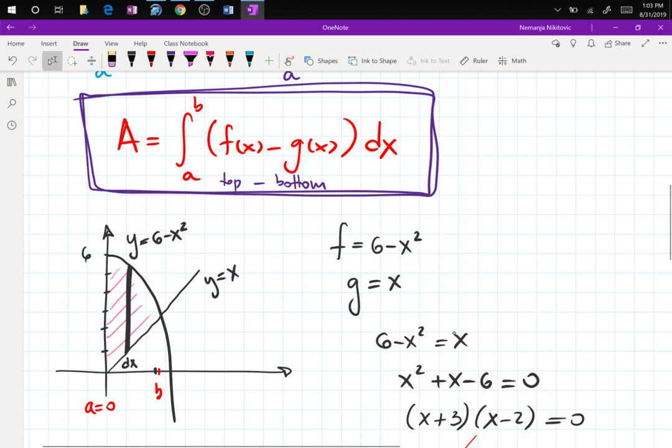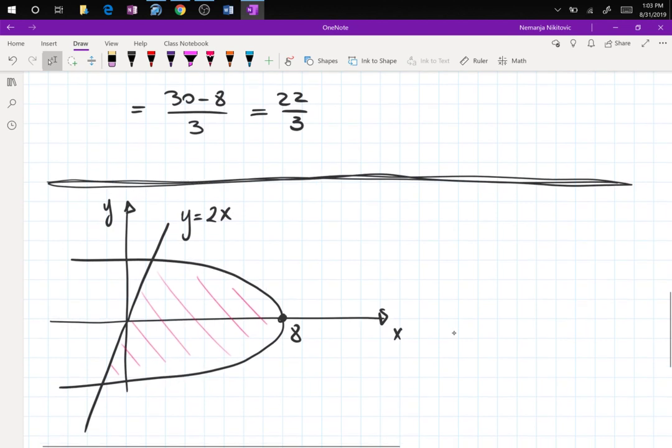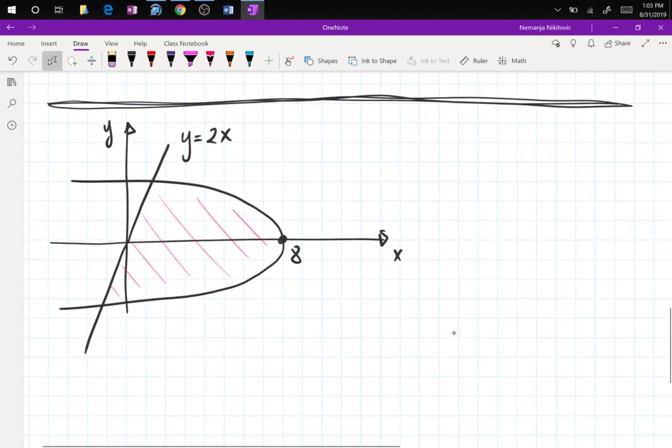Look at my new problem here. If I draw the representative rectangle dx, something terrible happens. Can you tell me what happens? Well, that's not terrible. f of x minus f of x.